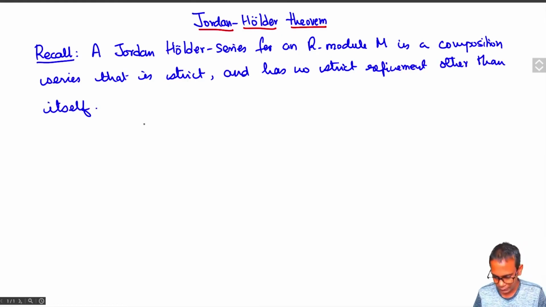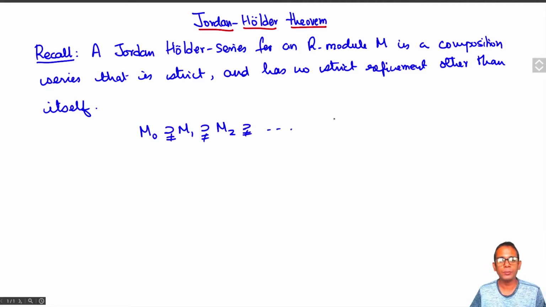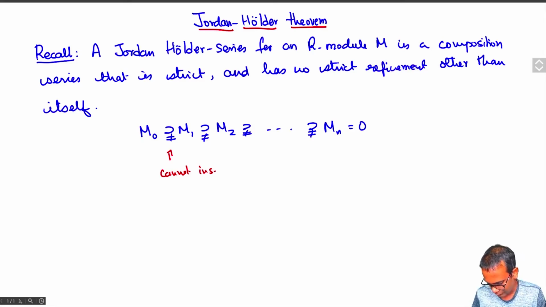So a Jordan-Holder series looks something like M0 contains M1, contains M2. So each submodule properly contains the next one. The last one is 0. And there is no way to insert new terms in between.